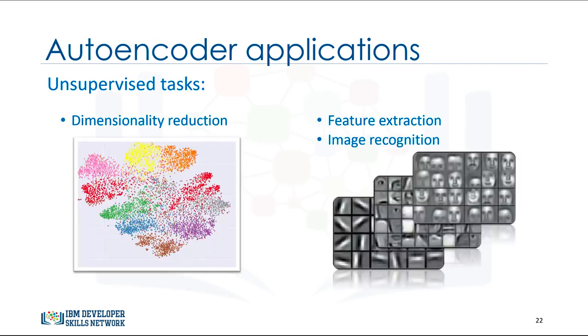Also, in stacking multiple autoencoder layers, the network learns multiple levels of representation at different levels of abstraction. For example, to detect a face in an image, the network encodes the primitive features, like the edges of a face. Then, the first layer's output goes to the second autoencoder to encode the less local features, like the nose, and so on. Therefore, it can be used for feature extraction and image recognition.